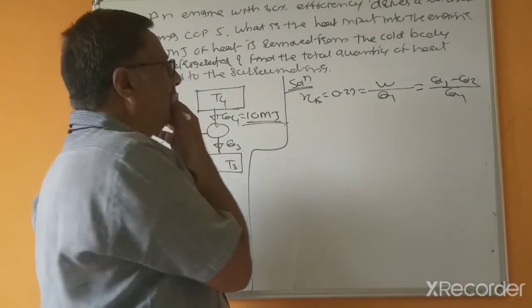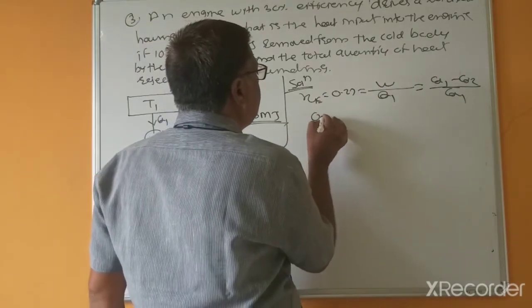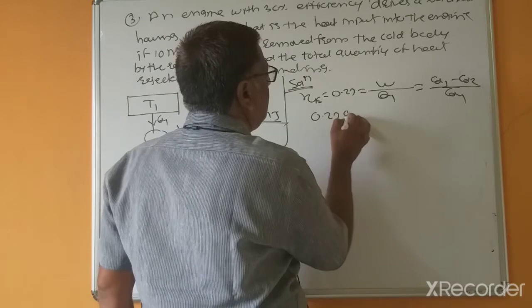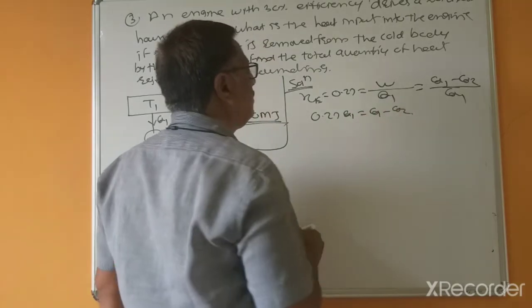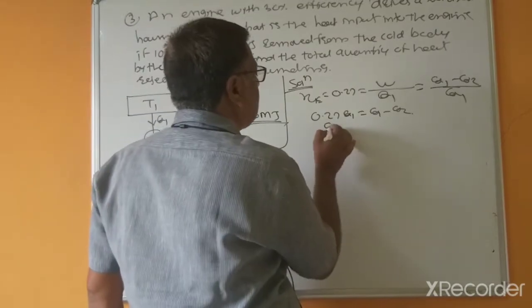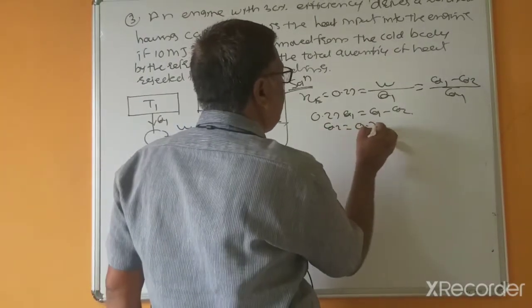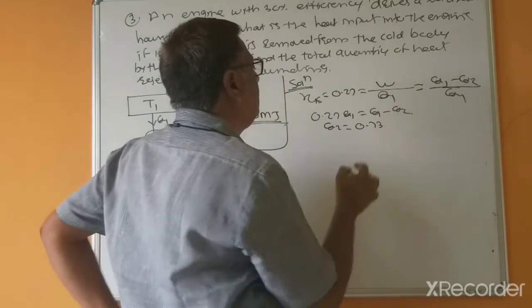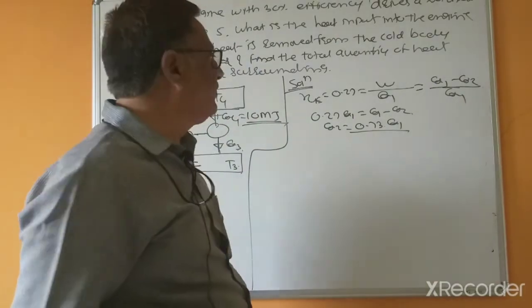And this is 0.27 Q1 minus Q2. So again Q2 equal to 0.73 into Q1. So this is one relation.